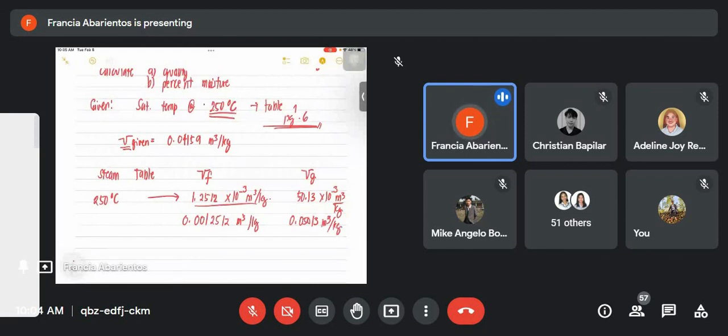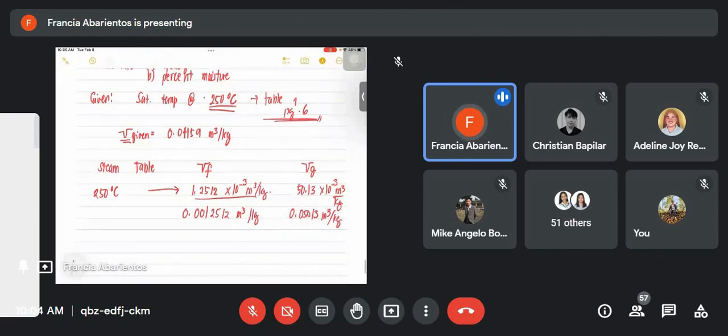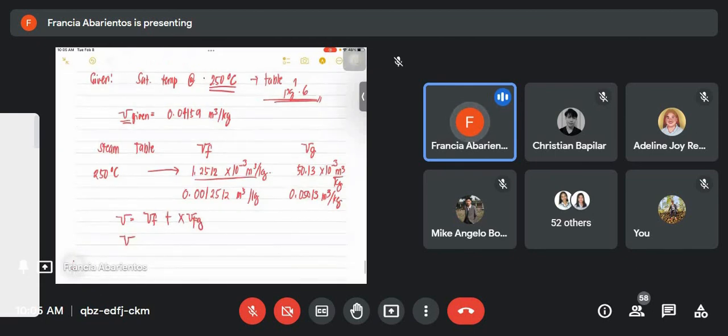Okay? So, how do we compute for the quality? Go back to the formula we derived: v equals vf plus x vfg, where x multiplies the difference between the saturated vapor and the liquid.